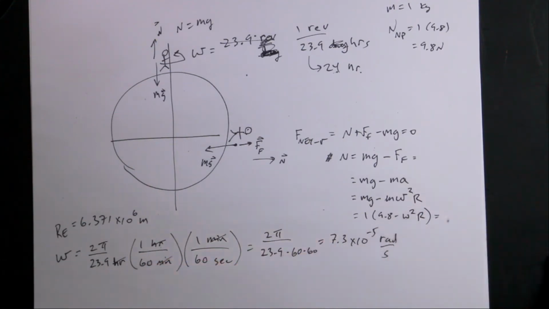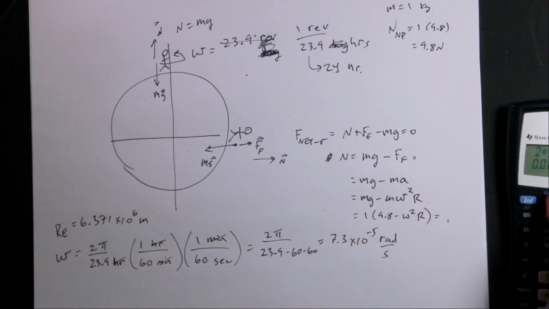Let's go ahead and calculate that. Okay, so I have omega squared right there. I'm just going to re-enter it because I don't know how to do that. Okay, 9.8 minus, let's do it this way, 9.8 minus the radius of the Earth, 6.371, scientific notation button. Oh gosh, where'd that go?